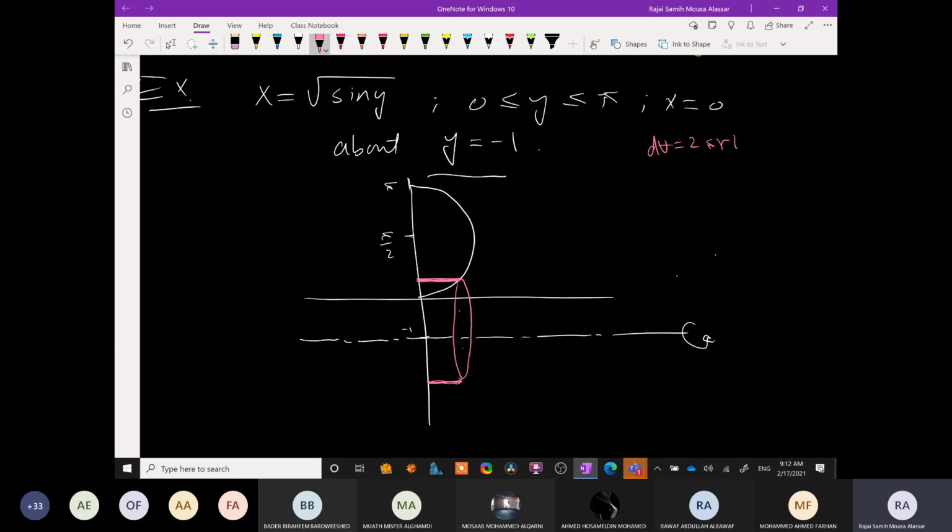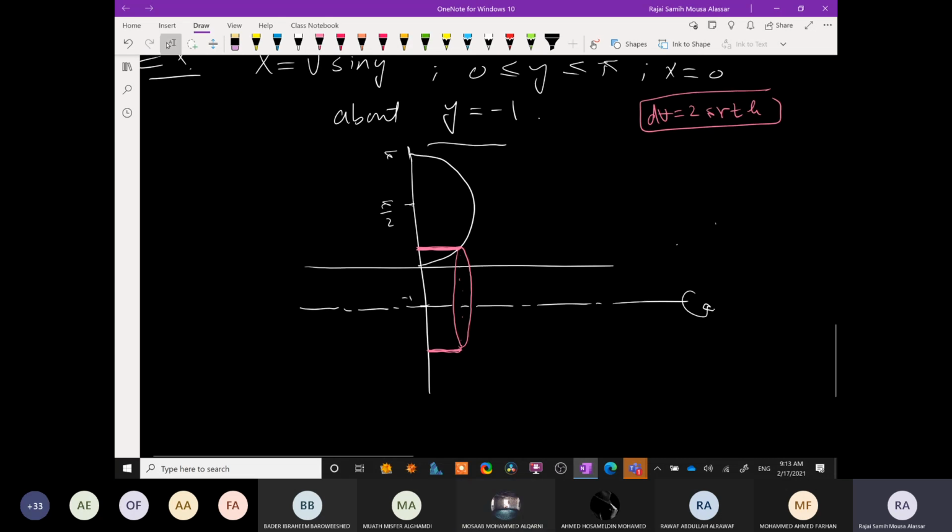2 pi r times the thickness times the height, yes? All you need to do is look at the measurements here. What is the radius? Isn't this r? Yes. But what is it?